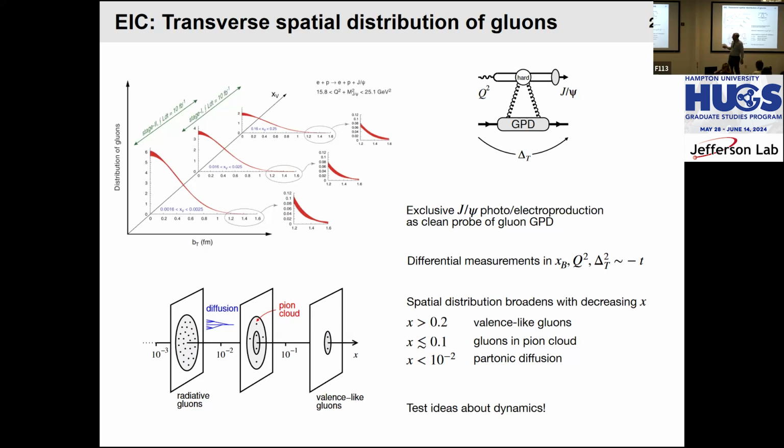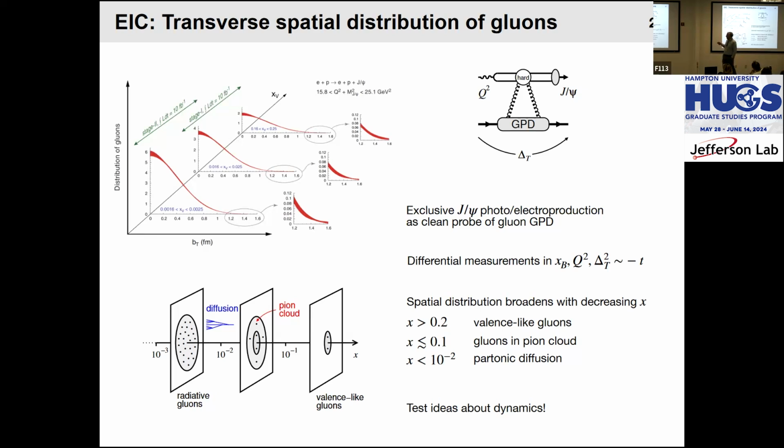This is one case where we really have to do differential measurements in x Bjorken, in Q squared, and in the momentum transfer to the nucleon. And so we really need the full statistics that comes from the high luminosity.